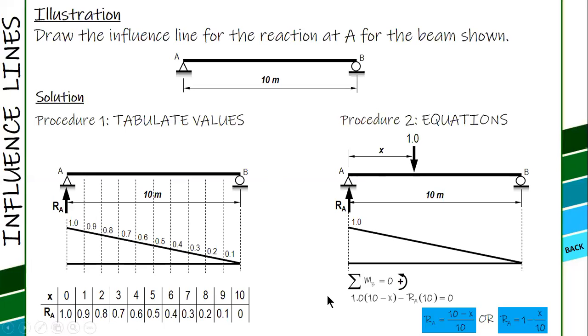Same for all. For the other problems, we will focus on the equations. Tabulating values is time-consuming, although it can be used, so our focus will be on the equations.